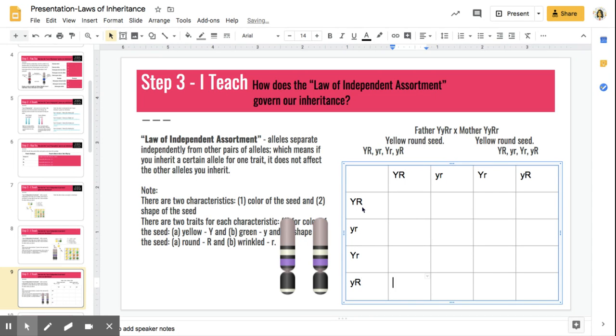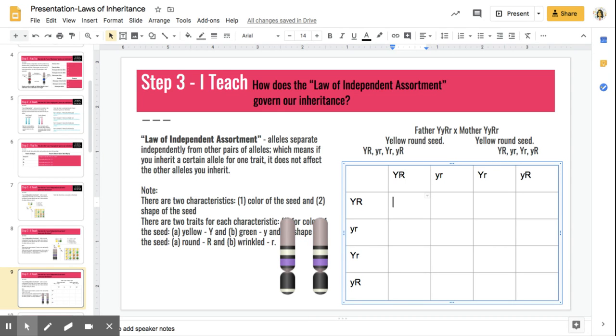All right. Now we're going to create or know all the possible offspring. So this is now where you're going to apply how you write the heterozygous, which is the capital letter comes in first. All right. Now let's start with this first. So it's like you're multiplying using the multiplication table, if you remember that. All right.